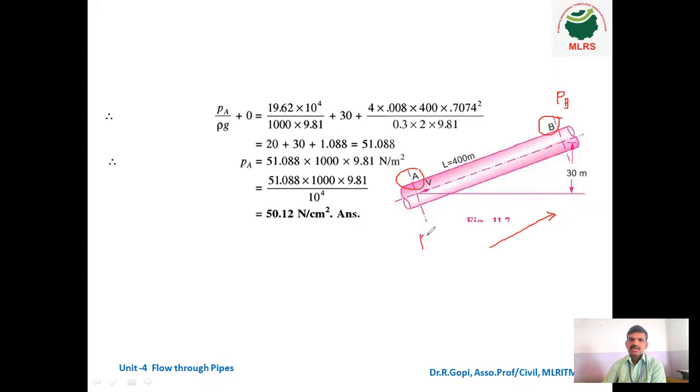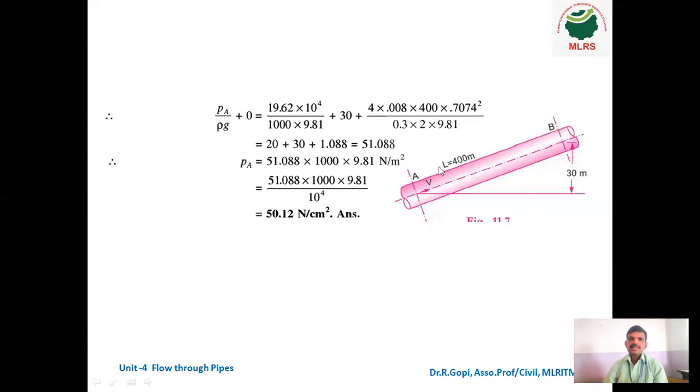What is the pressure at point A, PA? PA is equal to how much? This is the question. Also, the level from A to B is 30 meter height. So A is the lower level and B is the higher level.